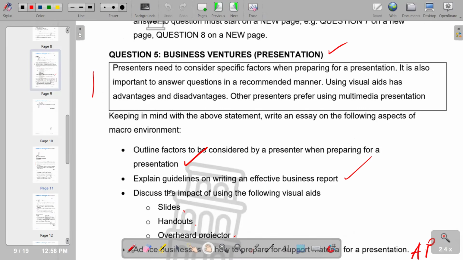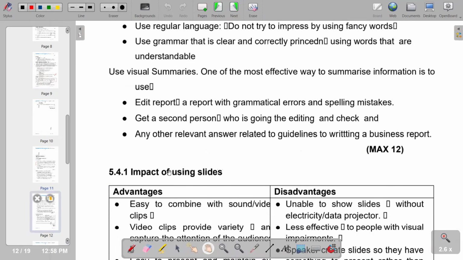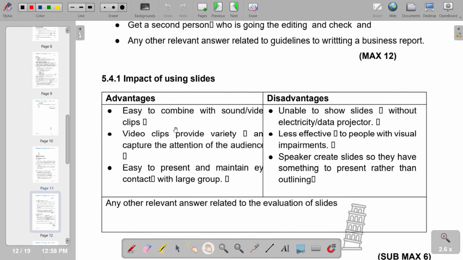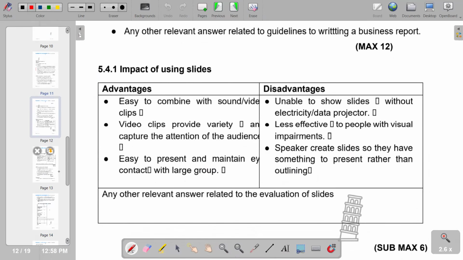And on the next part, discuss the impact of using the following visual aids: slides, handouts, overhead projector. So impact of using slides. So advantages and disadvantages. Then impact of using overhead projector.